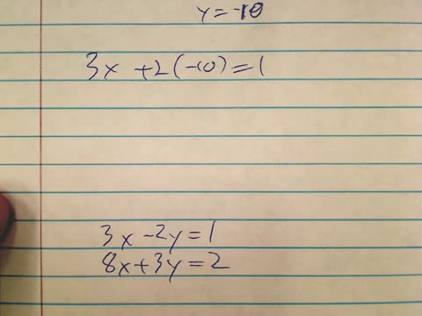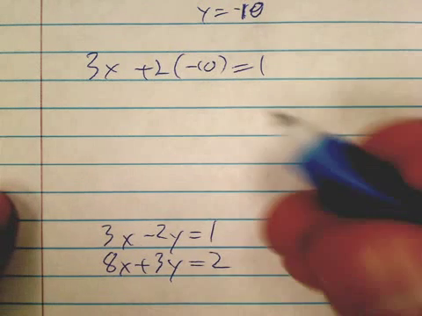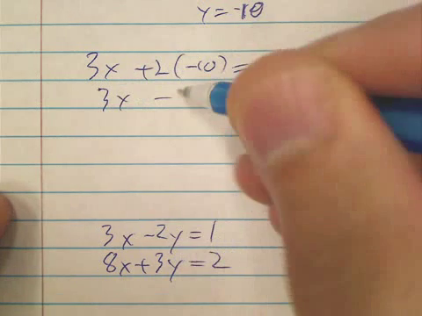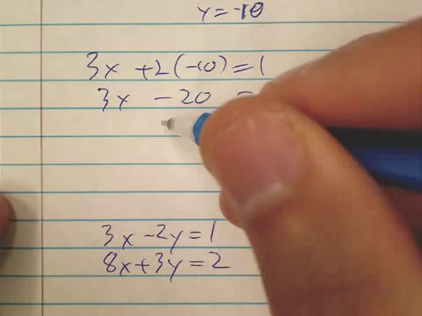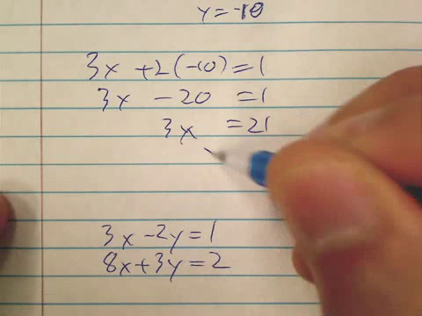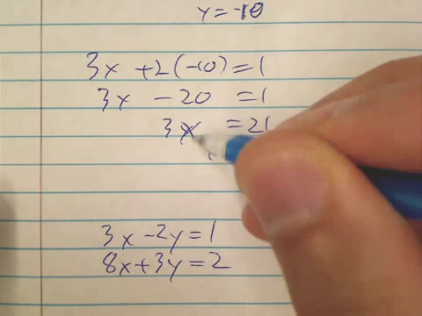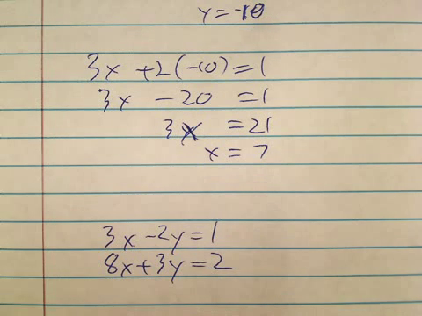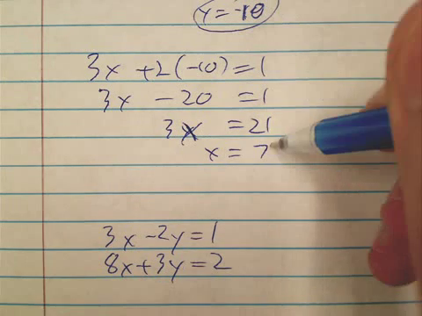So 3x minus 20 equals 1. Add the 20. 3x equals 21. And then x equals 7. Dividing by 3 there. Guess some of that simple math there I'm going to skip. Okay, so y equals negative 10 and x equals 7.